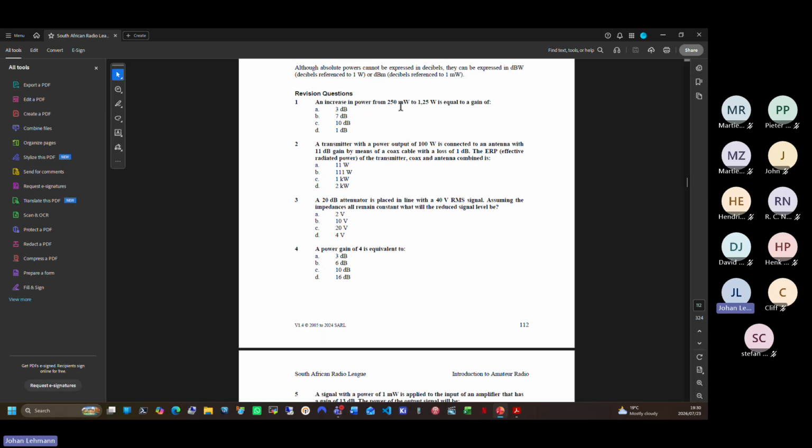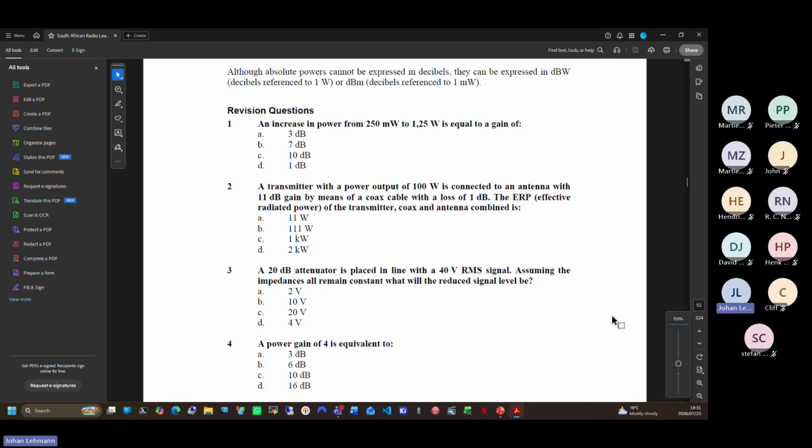An increase in power from 250 milliwatts to 1.25 watts is equal to a gain of. Okay, first thing now, which formula do we use? 10 log or 20 log? 10 log, because it's power. It's not voltage or current, it's power. So we're going to use the 10 log formula. Remember, the units of measure must be the same on top of the line and bottom of the line.